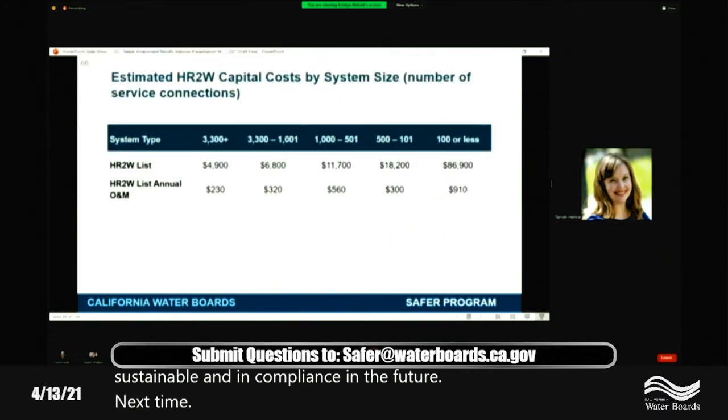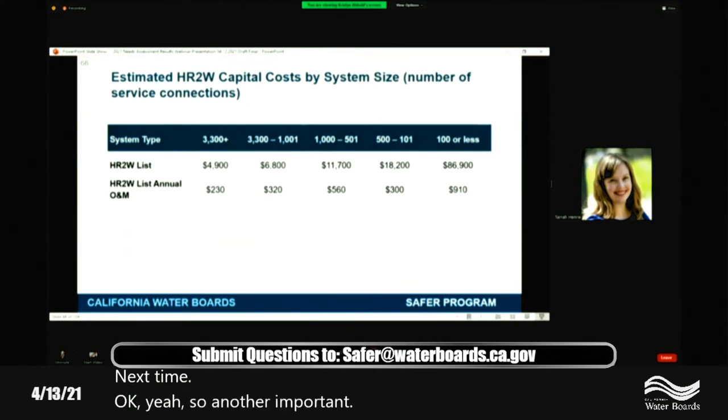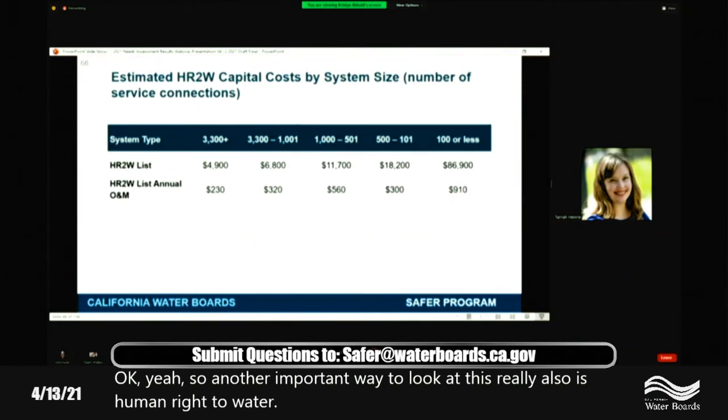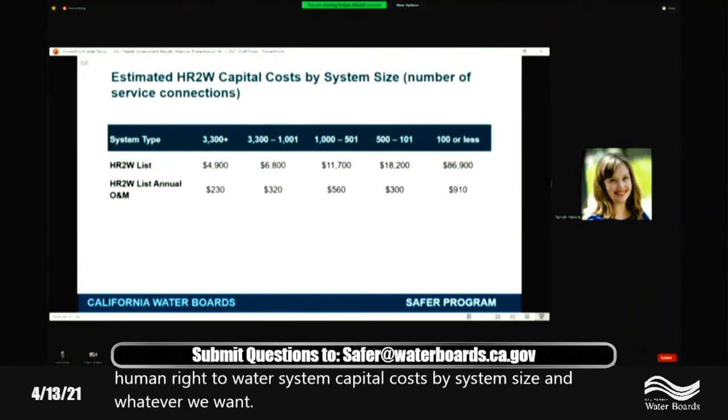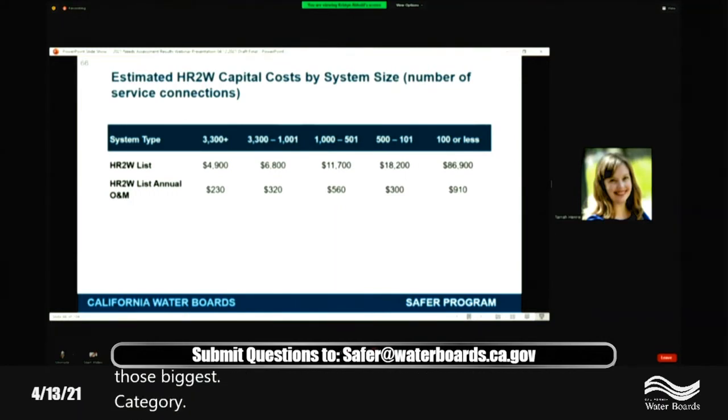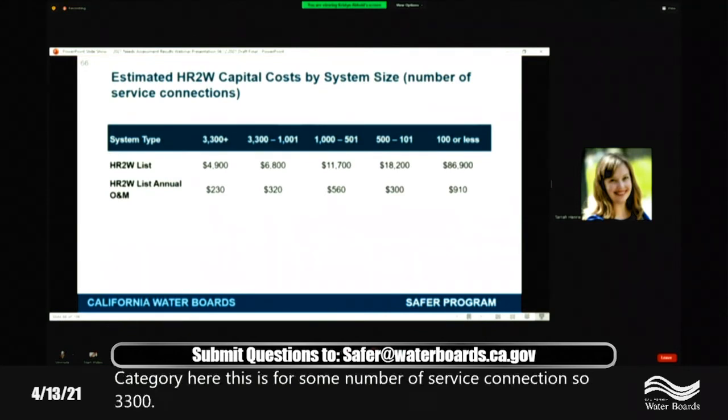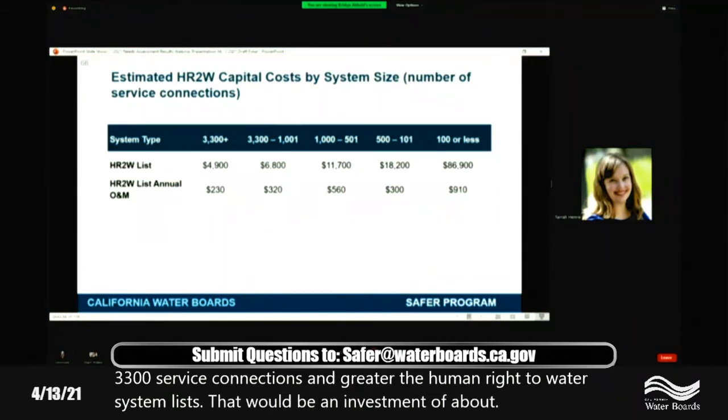Okay, another important way to look at this is human right to water system capital cost by system size. What I want to point out is the biggest category here, for systems with 3,300 service connections and greater: on the human right to water list, that would be an investment of about $4,900 per connection.